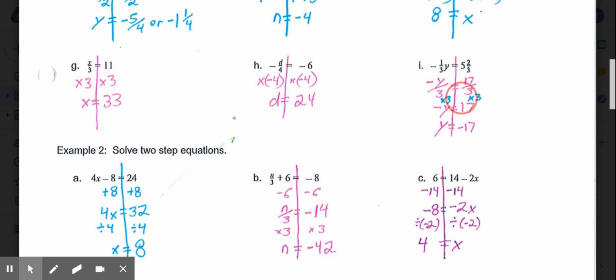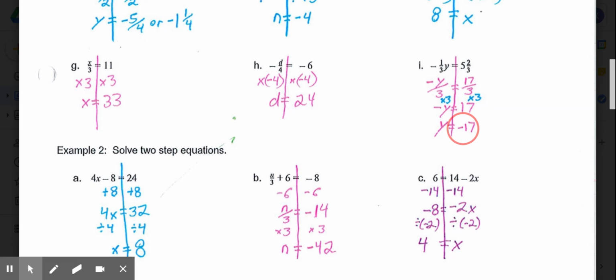Then we're multiplying both sides by 3 to get rid of that denominator of 3. And we would be left with the opposite of y, or a negative y, equals 17. Then to get rid of this negative y, we simply bring it over to the other side. So we're changing the sign on the right-hand side.